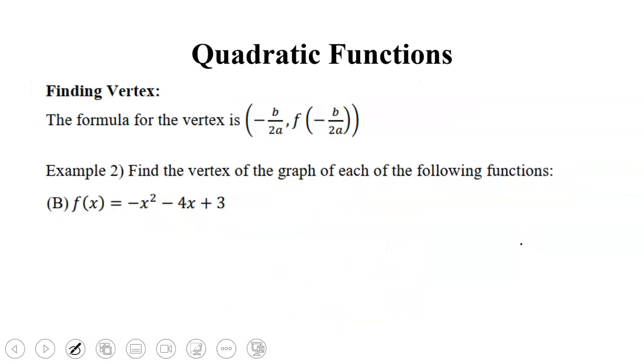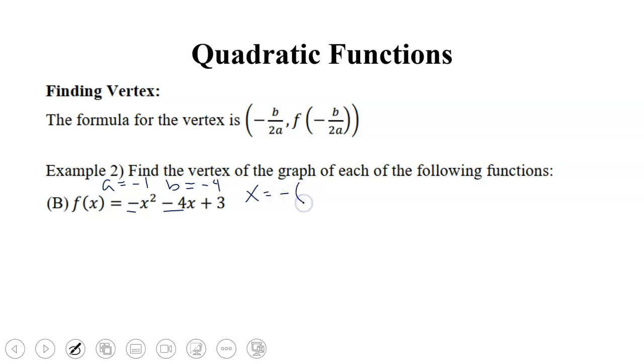All right, let's look at b. Same thing, use our formula to find the vertex. Before we can do that, we need to label our a's and b's. So what's my a? Negative 1. And what's my b? Negative 4. Now using our a's and b's, let's plug in our vertex formula.